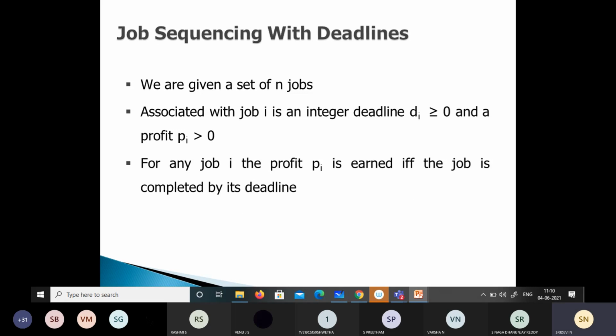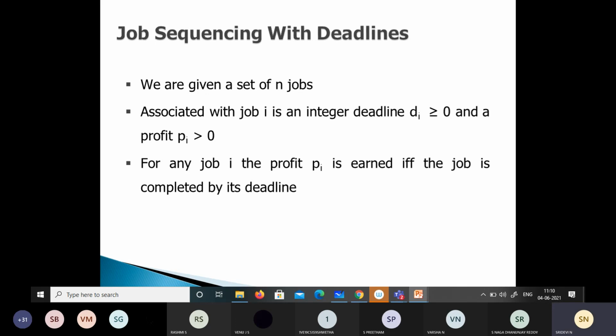So with a set of n jobs, each job has a deadline as well as a profit. And when can you get the profit? Only if the job is completed by its deadline. Got it?